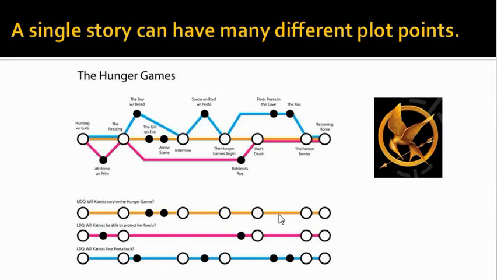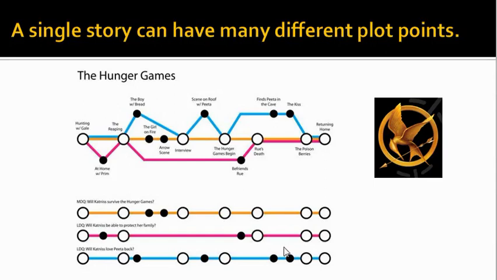The orange line kind of takes into consideration the overall theme of, will Katniss survive the Hunger Games? This pink line kind of gives us the idea of how the plot is going to answer the question, will Katniss be able to protect her family?